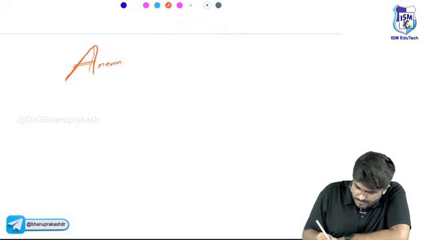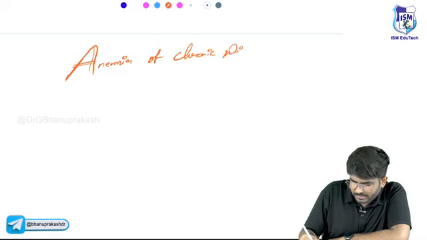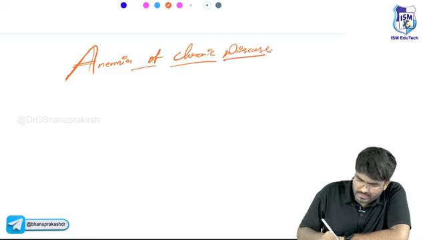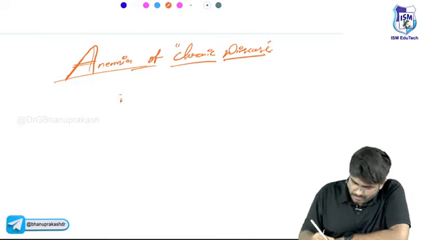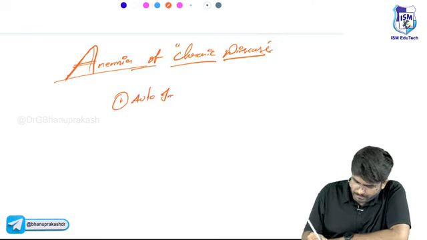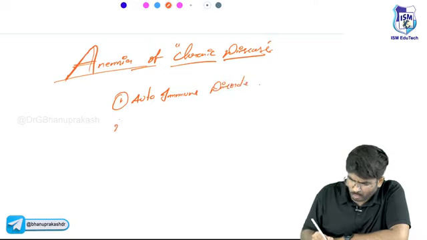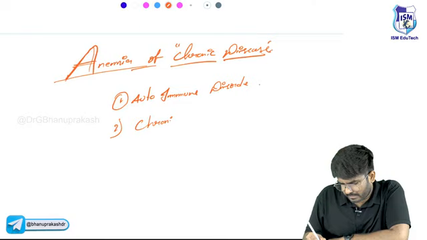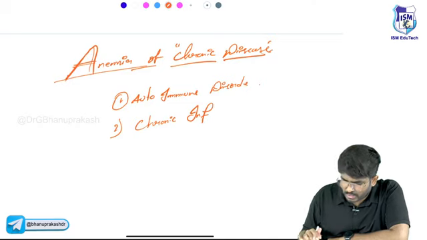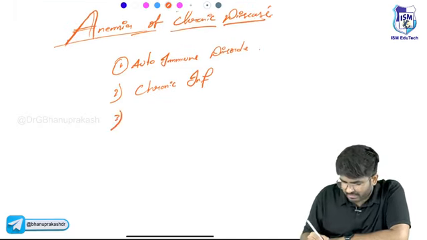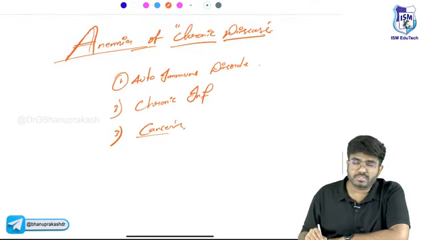So anemia of chronic disease. If the patient is having some chronic condition, for example an autoimmune disorder or any chronic infection, usually more than 6 months, or the patient is having cancers, these are all examples of chronic diseases.